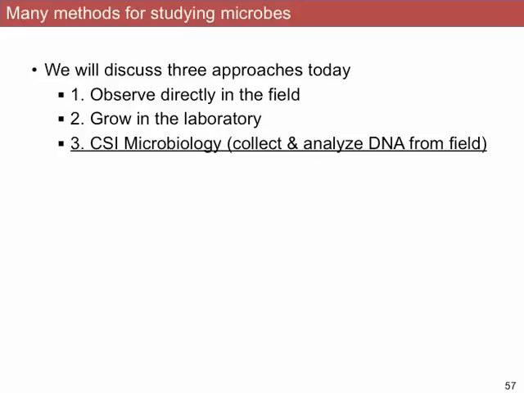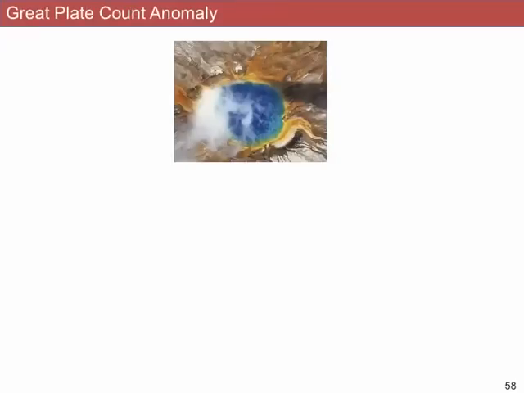The last thing I want to introduce, which will also be the topic of much of the next lecture, is this CSI microbiology thing. The reason we need special forensic methods to study microbes relates to a problem I'm going to describe called the Great Plate Count Anomaly.